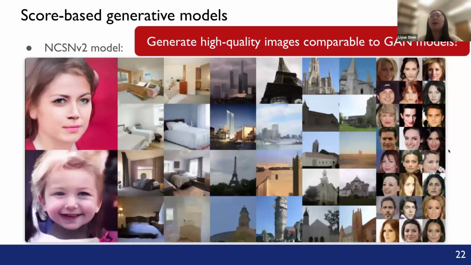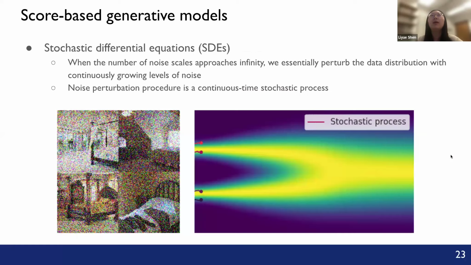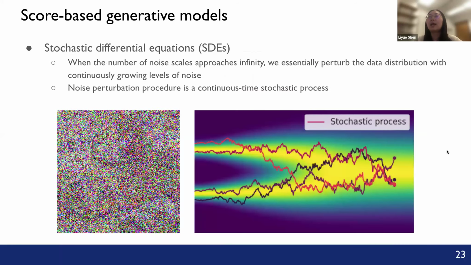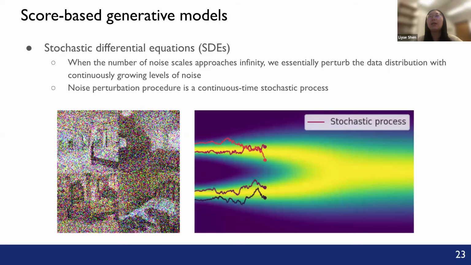And this also gives us very promising results: for the first time we can generate high quality images comparable to GAN models, in the version 2 of the NCSN model.